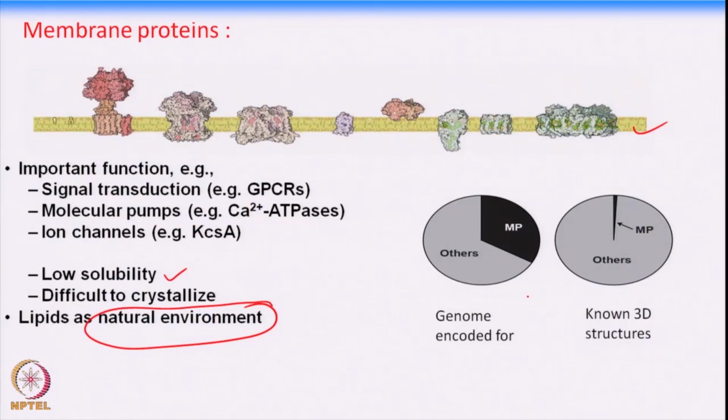Here, for the pharma industry we need to find a target, not get into structures. The genome encodes almost 30% of proteins as membrane proteins, but known structures are very few. So, although membrane proteins are important targets for the pharma industry, we have structurally very limited knowledge compared to other soluble proteins.